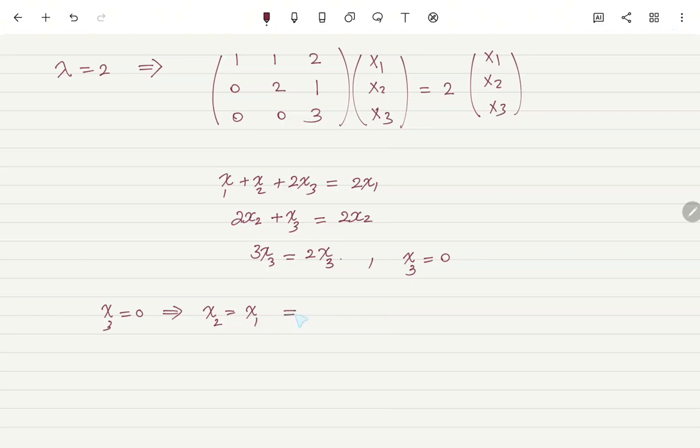Therefore, let's choose x2 equal to 1 and x1 equal to 1. Therefore, the eigenvector for lambda equal to 2 is 1, 1, 0.